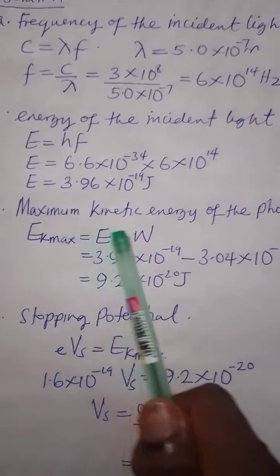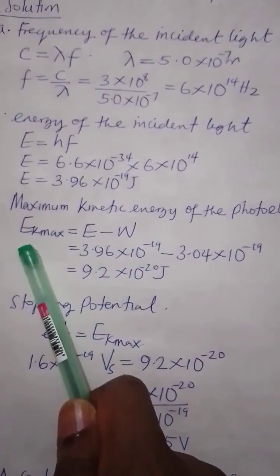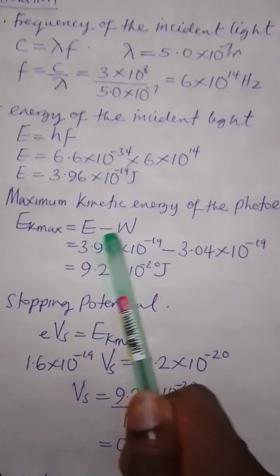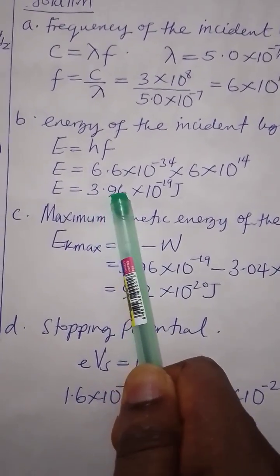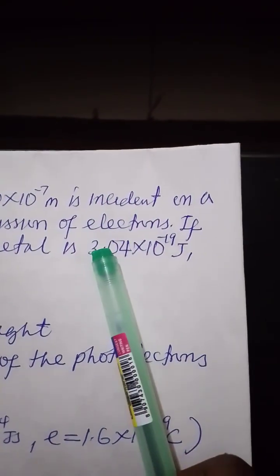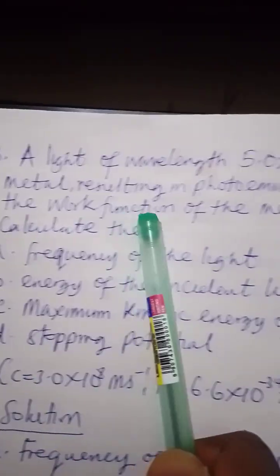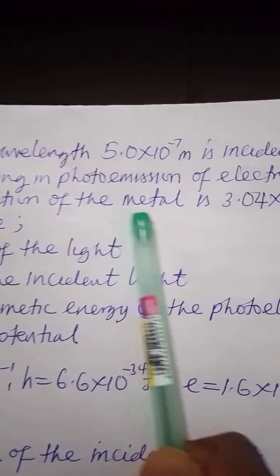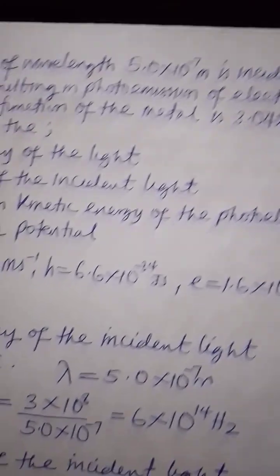Question C, the maximum kinetic energy of the photoelectrons. EK max is E minus W. Of course, the photon energy is 3.96 times 10 to the power minus 19 joules. And the work function of the metal is given as 3.04 times 10 to the power minus 19 joules.